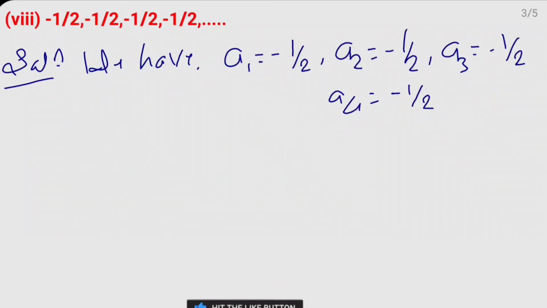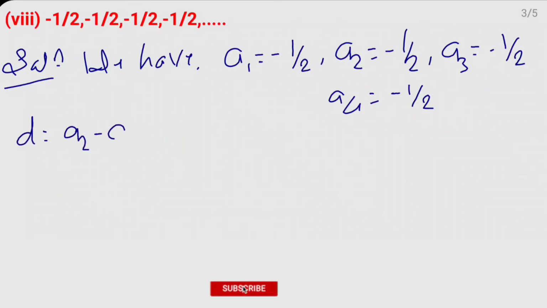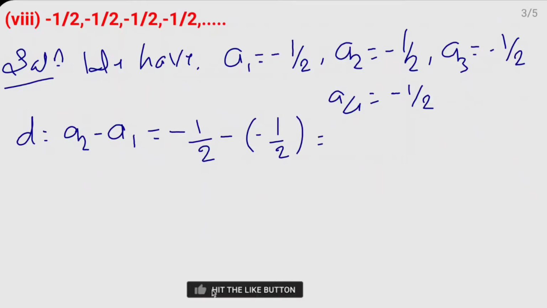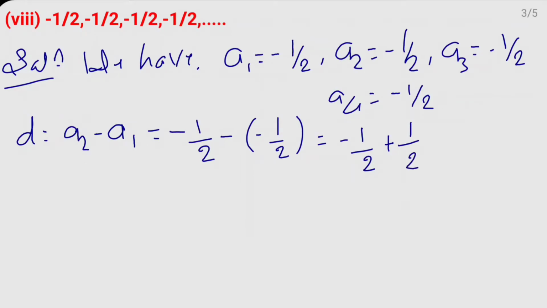So here we want to find D. D equals A2 minus A1. A2 is minus 1 by 2 and minus A1 is minus minus 1 by 2. So plus and minus get cancelled, we got 0 here.